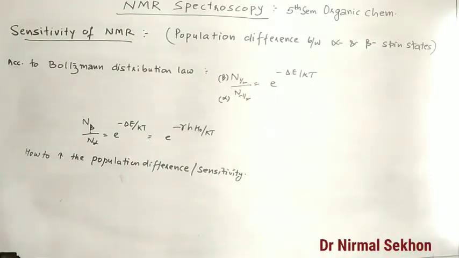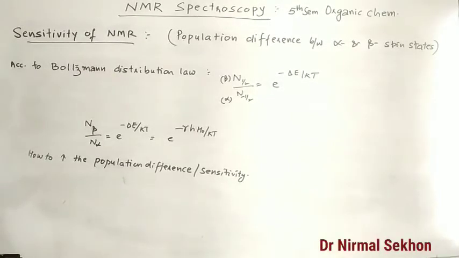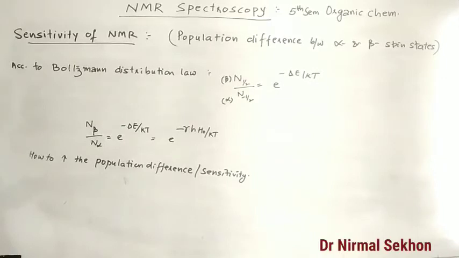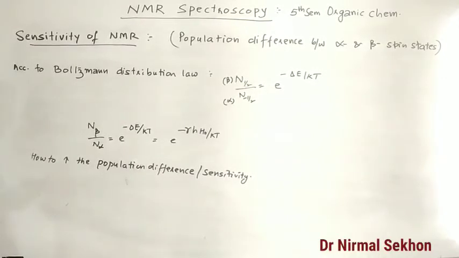According to the Boltzmann distribution law, at equilibrium conditions, there is always more population in the ground state compared to the excited state. Under standard conditions, we will always have more nuclei sitting in the ground state than in the excited state.